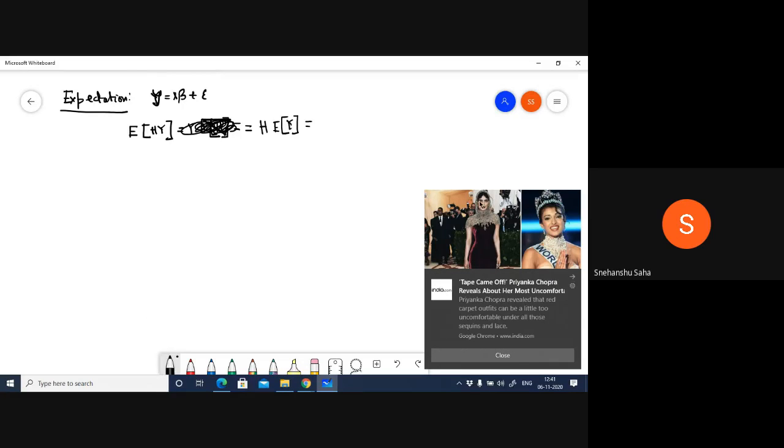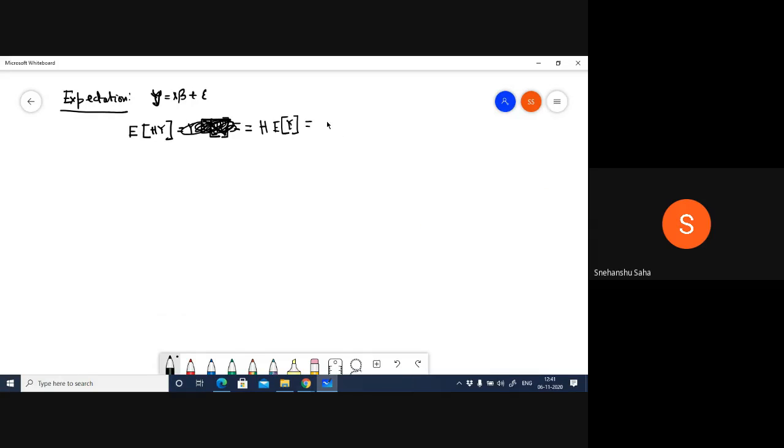We also use the fact that expectation is a linear operator. Since expectation is a linear operator, I can decompose this into e of x beta plus e of epsilon.